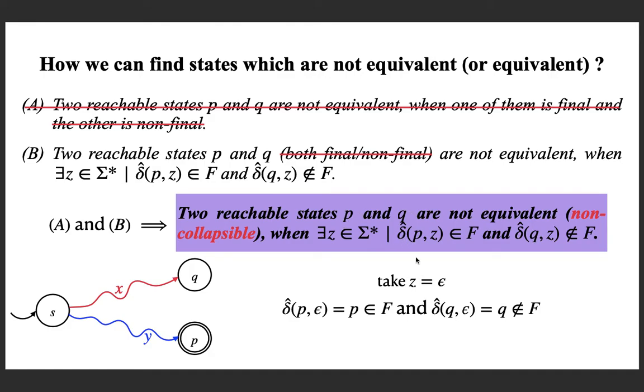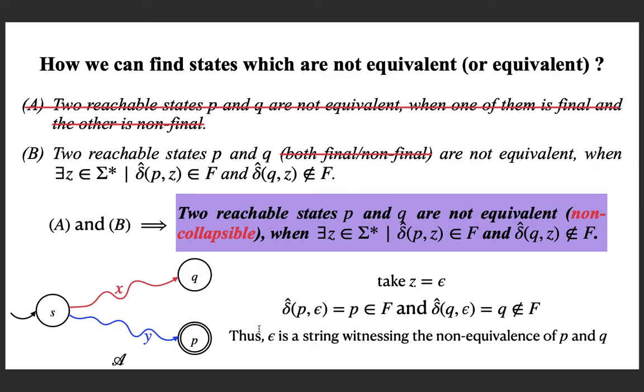So that means this is enough. Here you can see that epsilon is a string witnessing the non-equivalence of P and Q. So if you want to establish that P and Q are non-equivalent, then you want to find a string witnessing their non-equivalence. Witnessing means that string will take you to a final state from one of them and to a non-final state from the other, and that is the witnessing string.